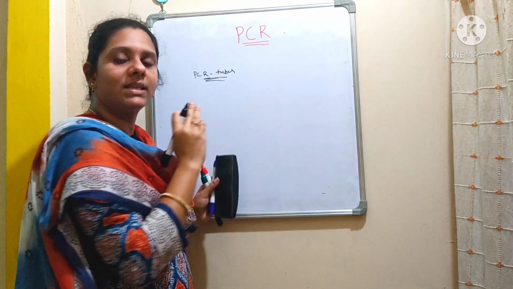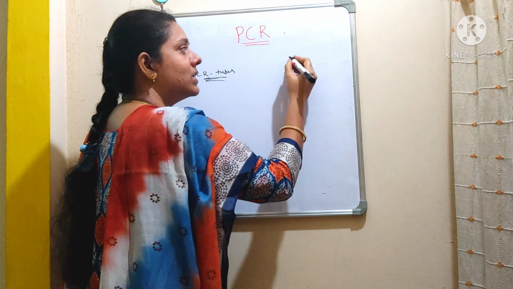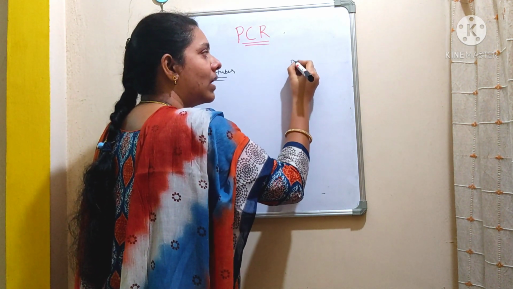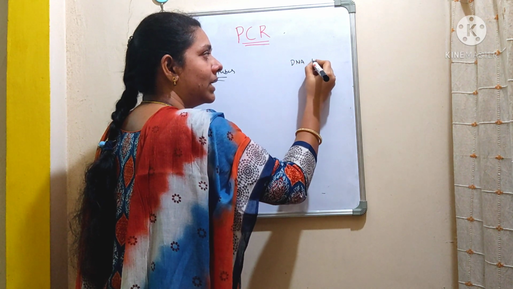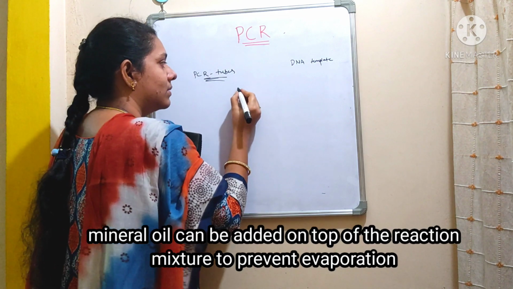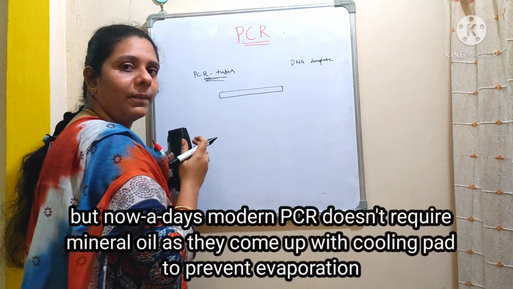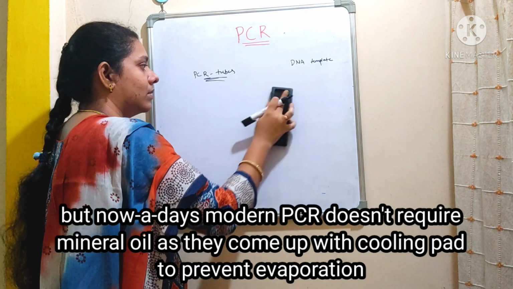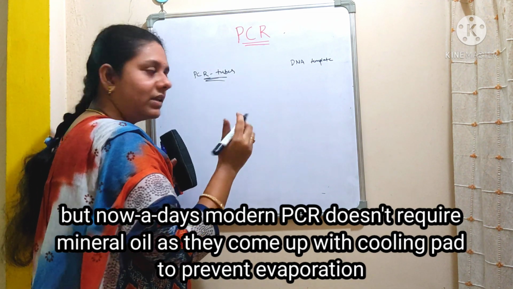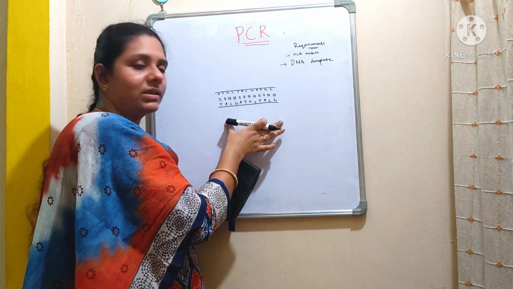When we set up a reaction mixture, let's see what all is needed. First thing is we need to have a DNA template. This is your DNA template with this sequence.